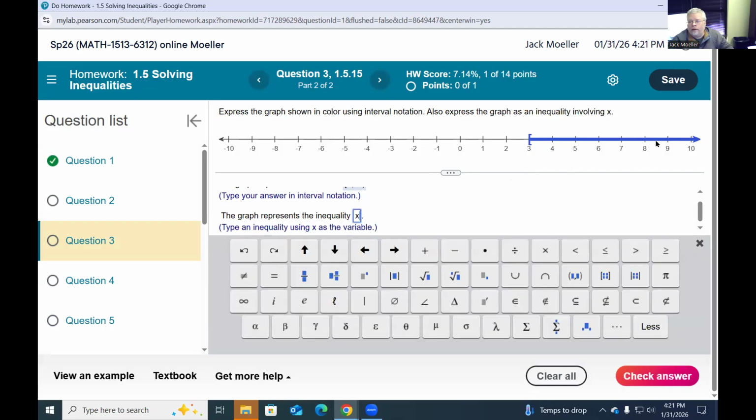Now we're going to the right, so that tells us x is greater than. If you go through your button palettes, and if you don't have the multiple rows, this should be in the top row. So do we want greater than or equal to? Well, because of the bracket, we use equal to. And what is it greater than or equal to? It's equal to 3.